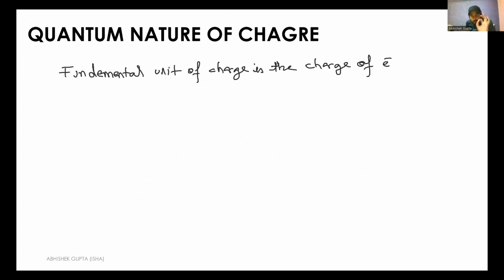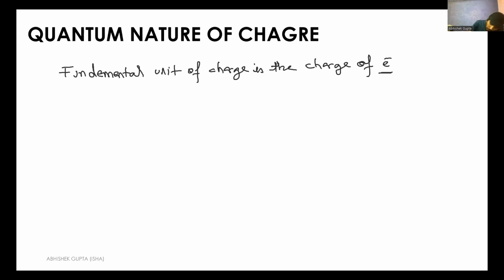The smallest possible charge that exists independently, important, which is freely available, listen to the words carefully, the smallest unit of charge which is freely available, which exists independently, is the charge of the electron.